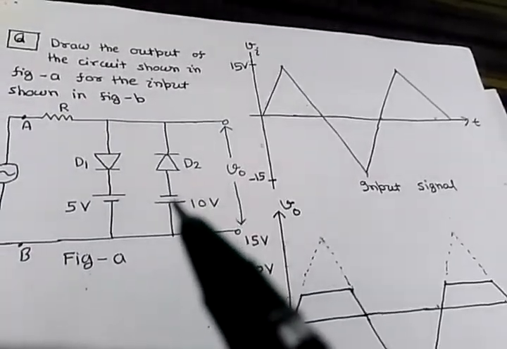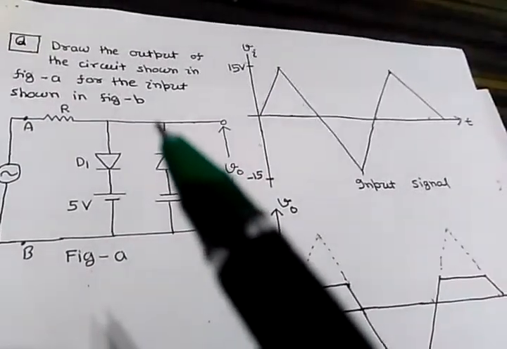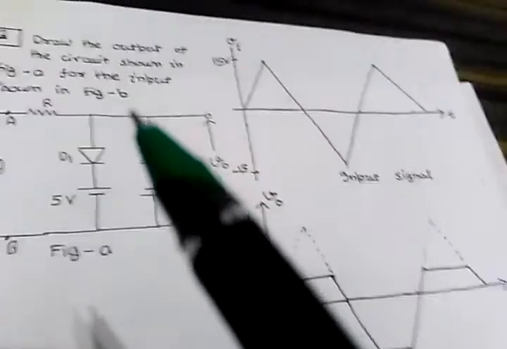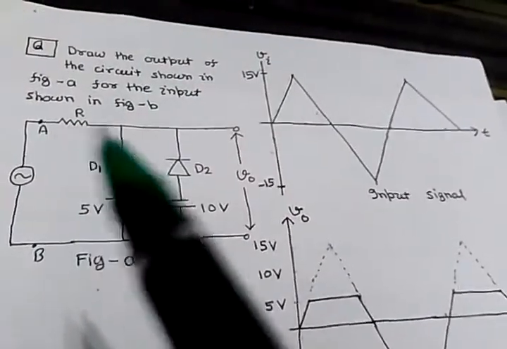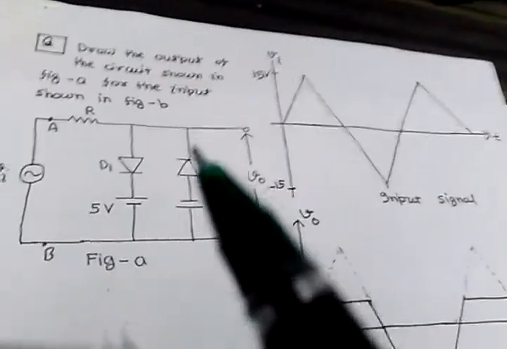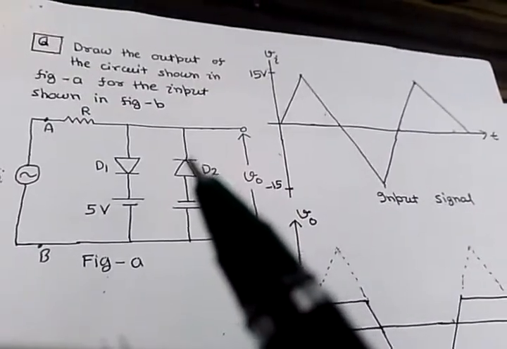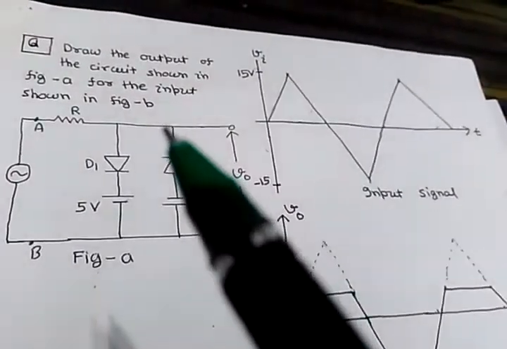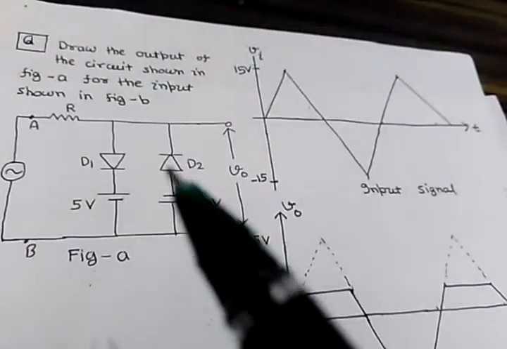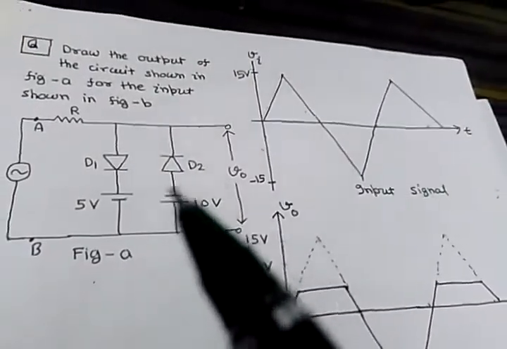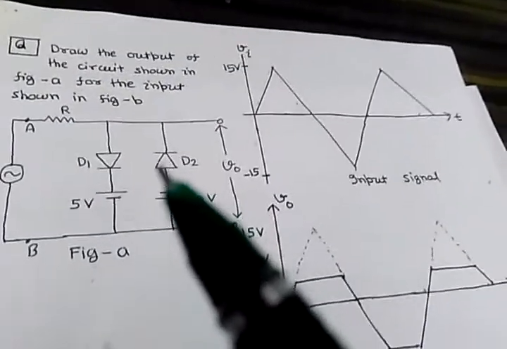Here the P region is connected to negative and the N region is connected with the input voltage, which is at this time positive but less than 5 volt. In this case also, the N region of diode D2 is at positive voltage and the P region is at negative voltage. So diode D2 will also be in reverse biased condition.